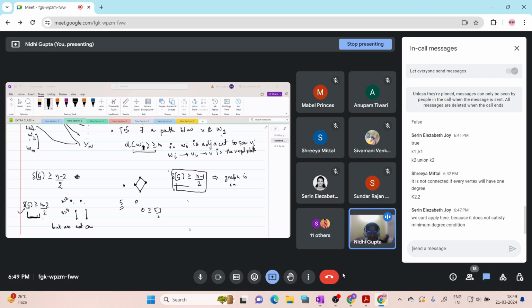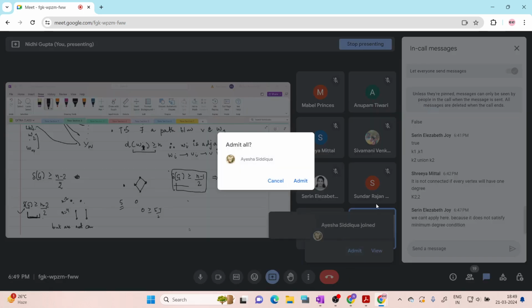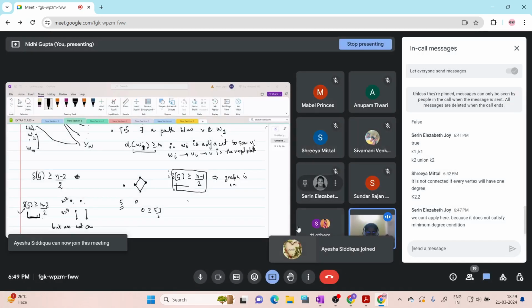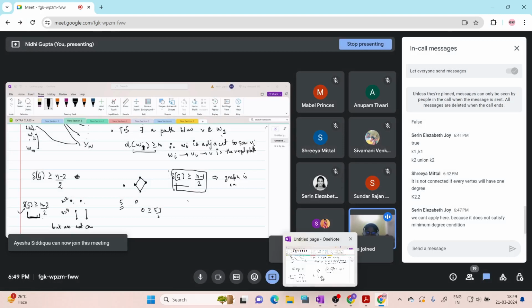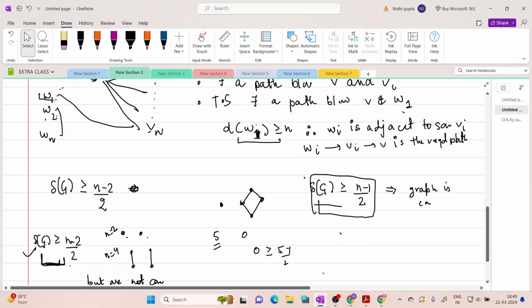But if minimum degree is greater than or equal to n minus 1 by 2, then we don't have to look at the graph at all. Then we can directly say that the graph will be connected.